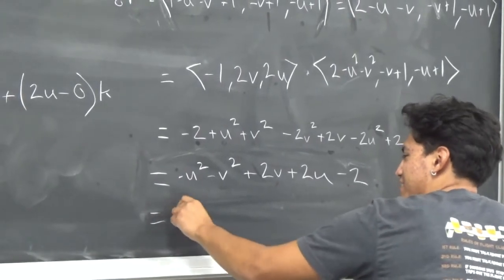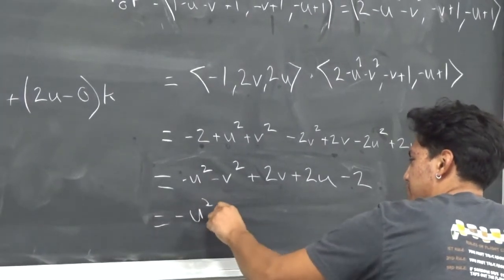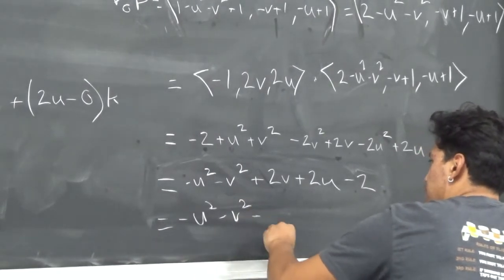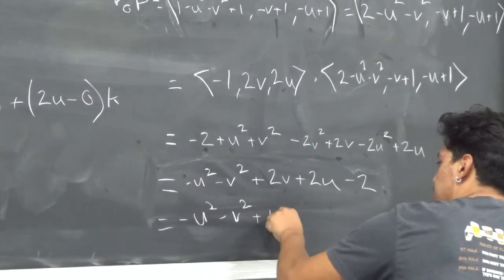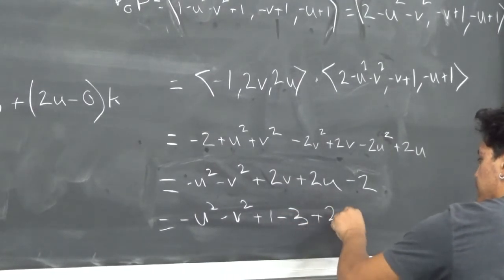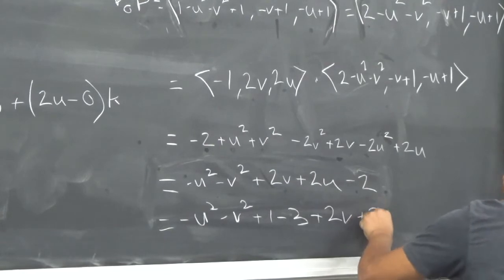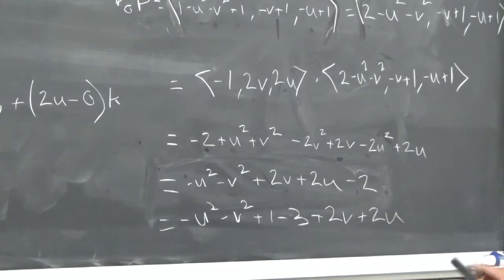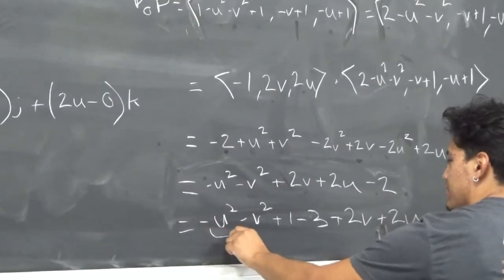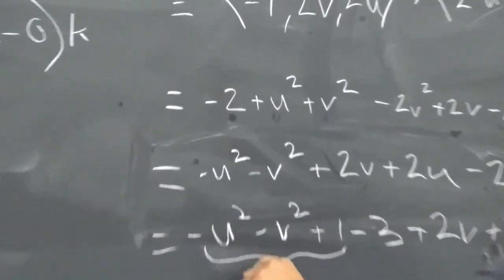So we're just going to rewrite this as minus u squared minus v squared, and then plus 1 minus 3, and then plus 2v plus 2u. And if you can see what's going on here, this is going to be our x.